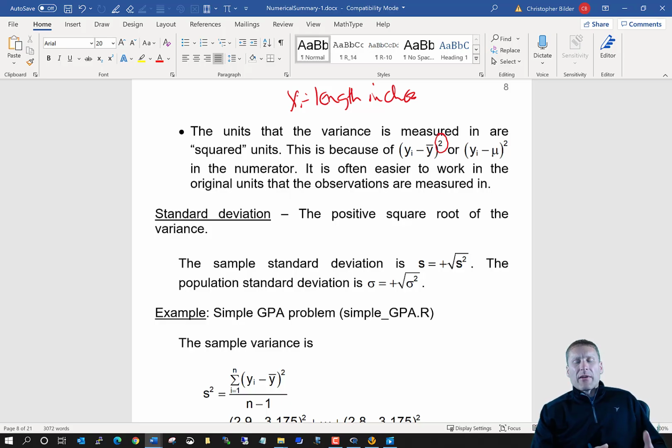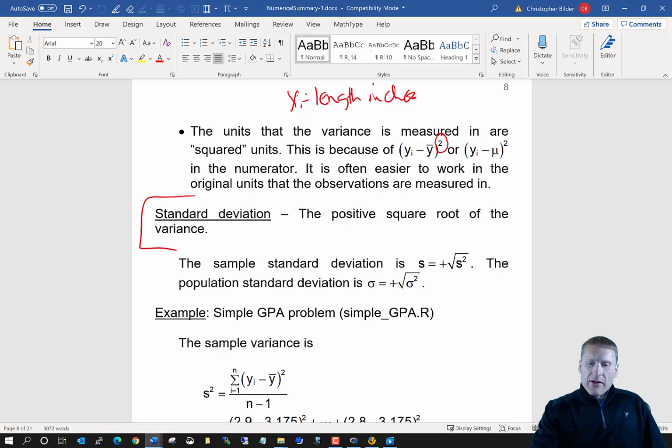And that can be a little bit more difficult to interpret. So because of that, very often, rather than working with the variance directly, we work with its positive square root, which is known as the standard deviation. Since we're taking the square root, we are no longer in squared units. Now we're in the original units of the data.